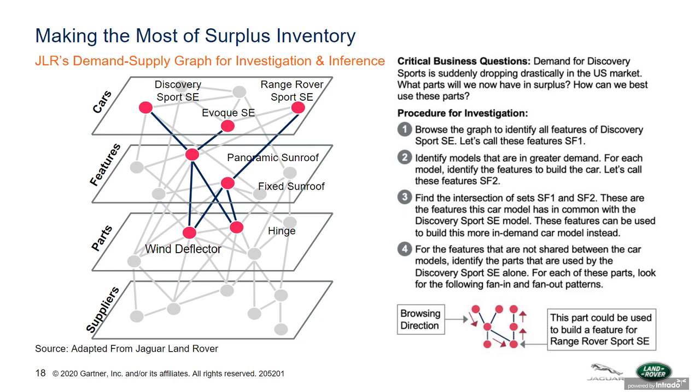And one of the things that JLR really liked about TigerGraph was the ability to easily search up or down, going from parts, searching up, in this case, to features in cars, or searching down to suppliers. A lot of the other platforms and tools they looked at did not allow them that bi-directional search. It's very easy in TigerGraph.